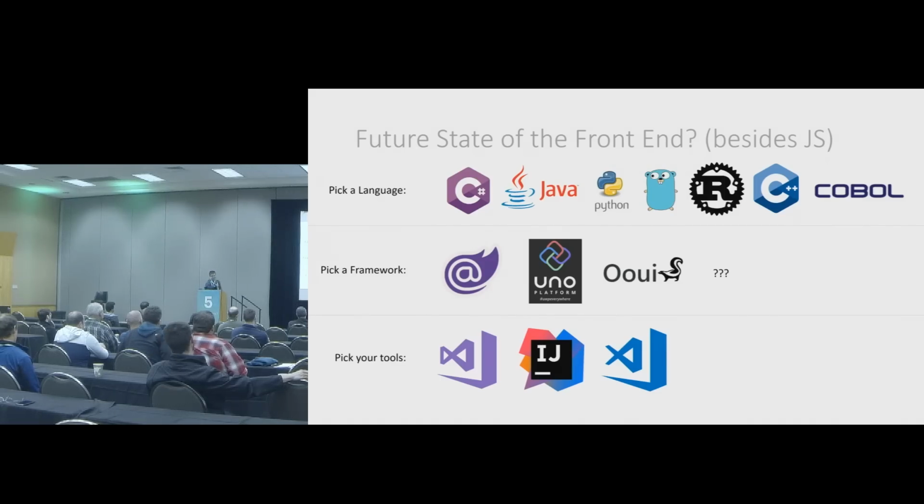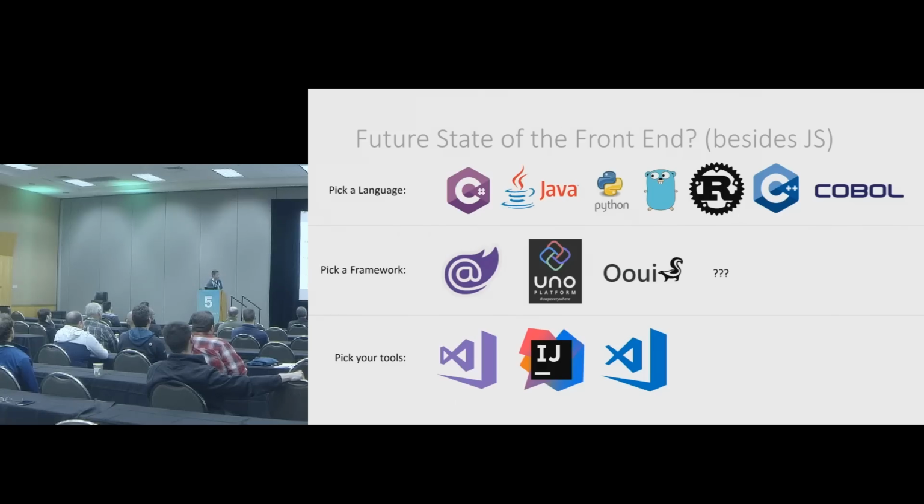But then you can pick your framework that you want. So do you want Blazor or something called Uno, which is a way where you can run XAML and have it run client-side. So if you like the more Silverlight XAML model, you can pick up something called Uno. Or you can bring in something called Ooui, which is a community project to run C# on top of WebAssembly. Or one of these other languages might come out with something new. Who knows?